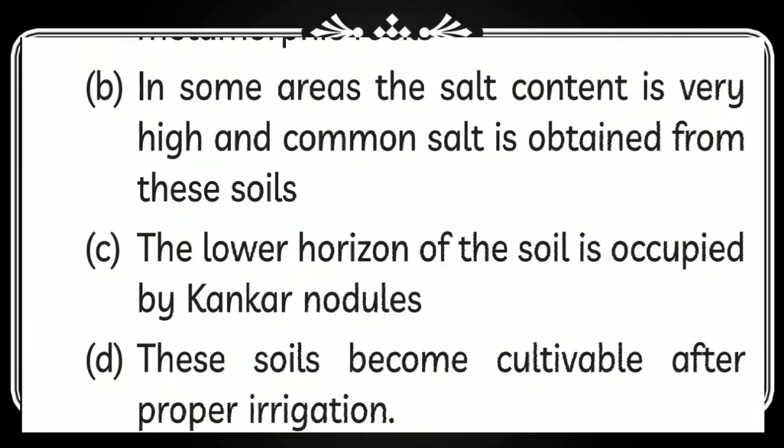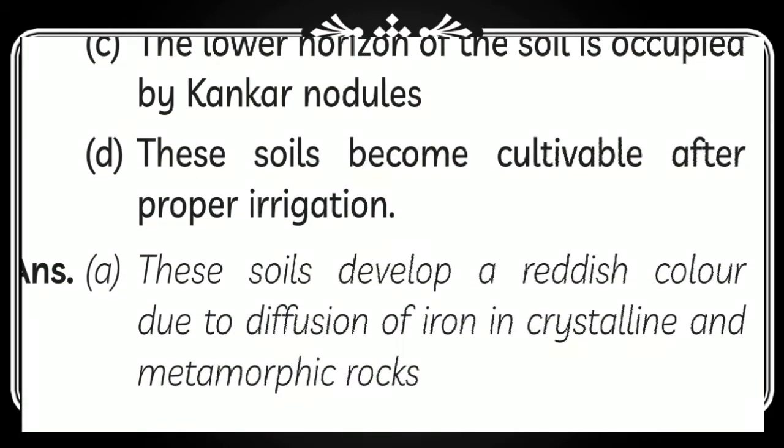Option C is, the lower horizon of the soil is occupied by kankar nodules. Option D is, this soil becomes cultivable after proper irrigation. And option A is correct, as this soil develops a reddish color due to the diffusion of iron in crystalline and metamorphic rock.